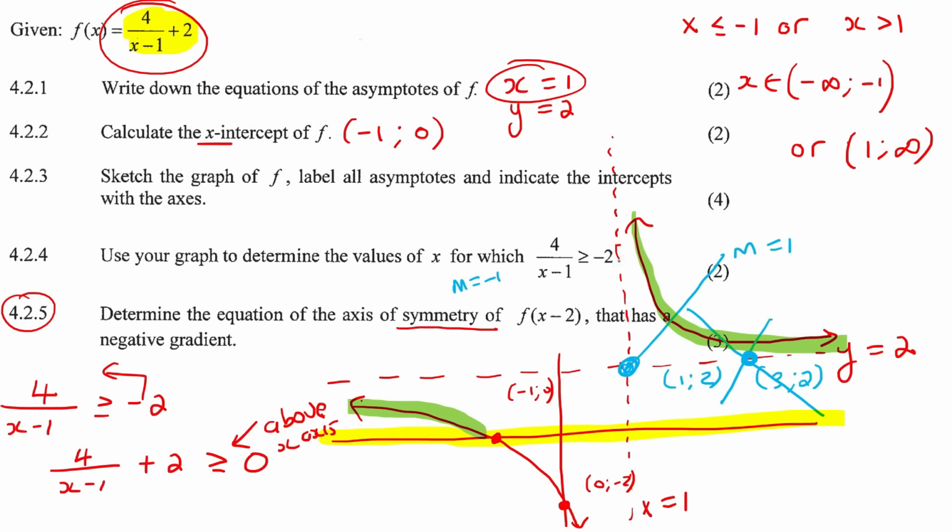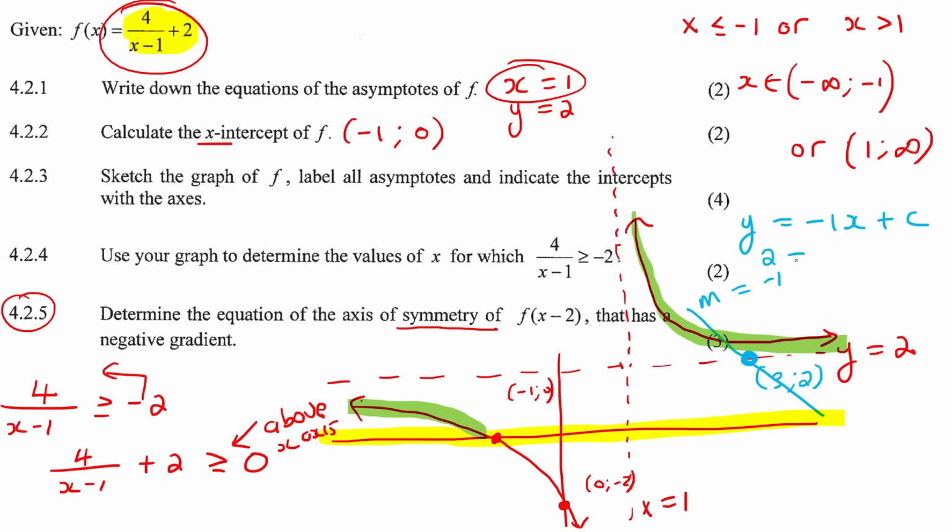Okay? And so, do they want both of them? Oh, that has a negative gradient. Okay, so that's the negative gradient one. So that's this one here. So the gradient never changes. That'll always be -1. And if they wanted this one, then it would always be +1. So if you go y equals -1x plus c, then you're just going to find c. Instead of plugging in this value, you're going to plug in this value, which is 3 and 2.